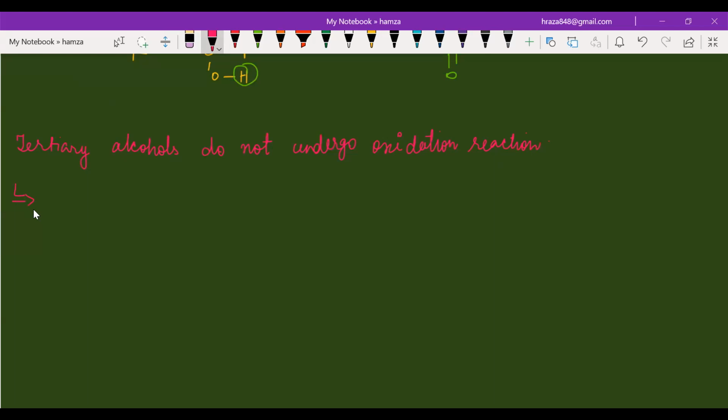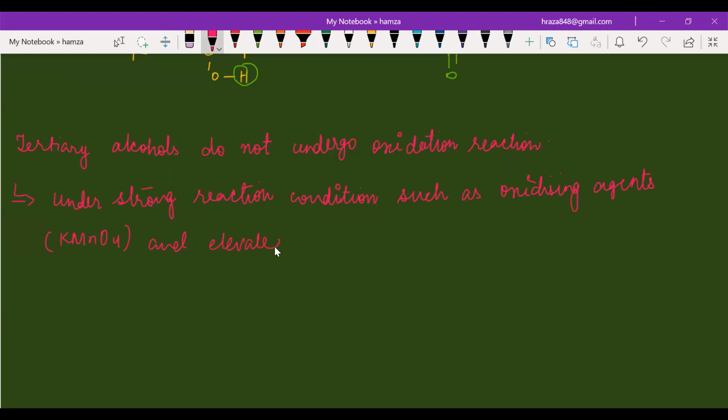If you give very drastic conditions, under strong reaction conditions such as oxidizing agents like KMnO4 and elevated temperatures, then bond breaking will take place.